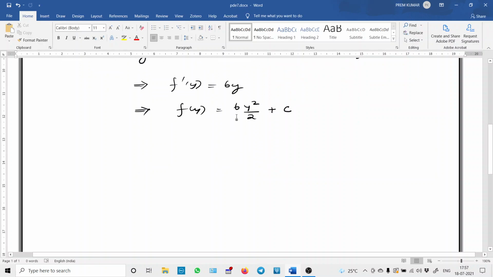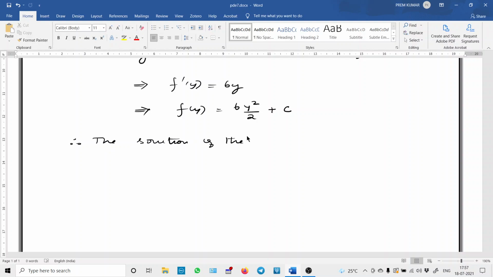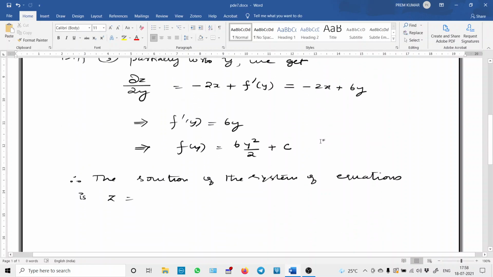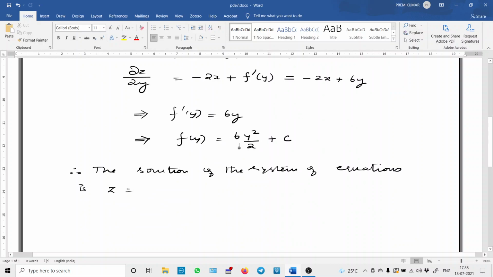Only when z is involved do we think of a constant as some function of x or y. But here f of y is fully a function of y, so it's a constant. Therefore, what is the solution? The solution of the system of equations given by 1 and 2 is z equals, you can go to equation 3, and in place of f of y we substitute this term.